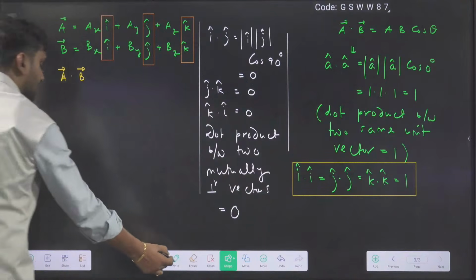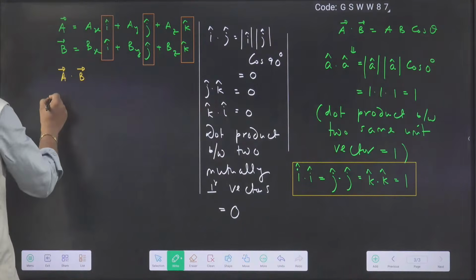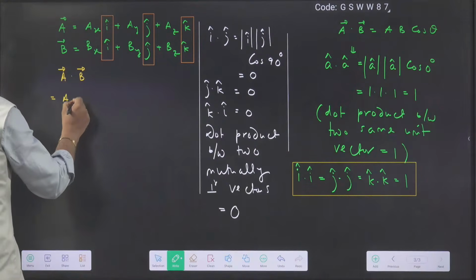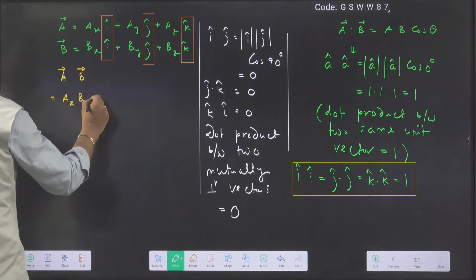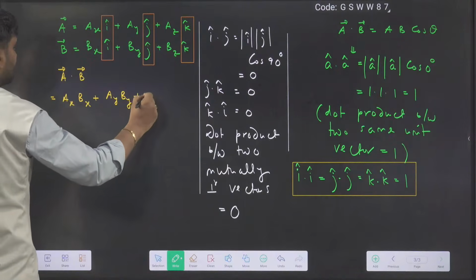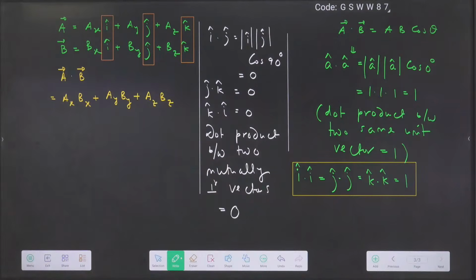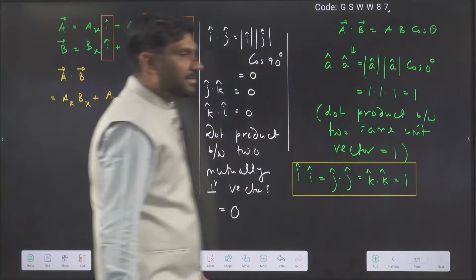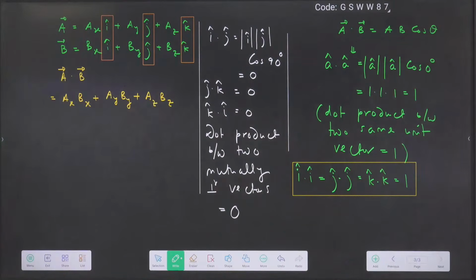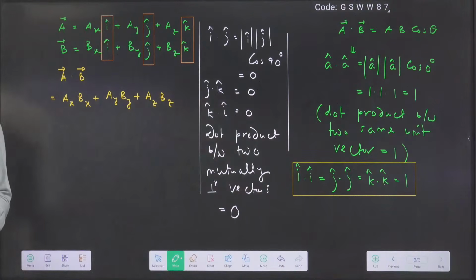So now how much is coming? Please respond how much it is coming. It will come as AX BX plus AY BY plus AZ BZ. Right? AX BX plus AY BY plus AZ BZ.